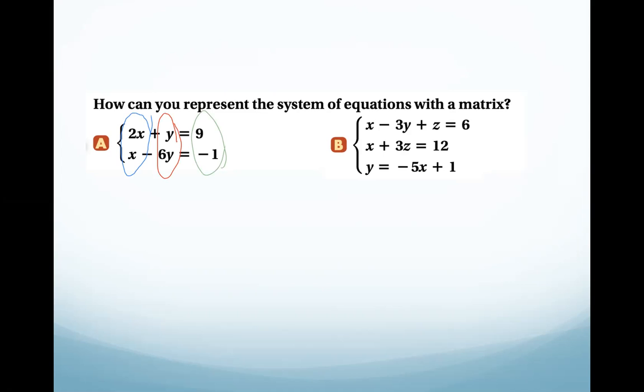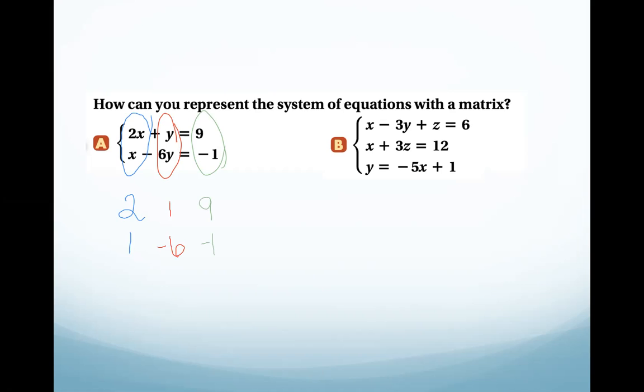So I'll take 2 and 1 from my first and second equation. The variables are already lined up, so I don't have to worry about rearranging this. 1 and -6 for my coefficients of y, and then my constants are 9 and -1.